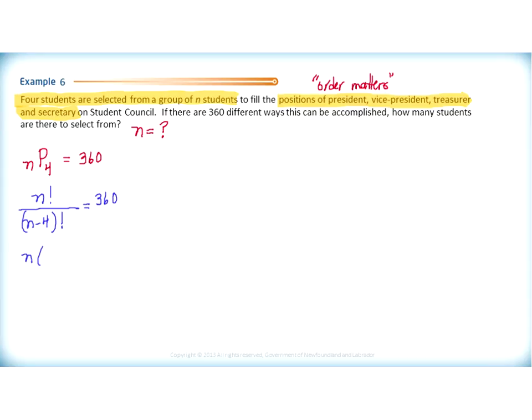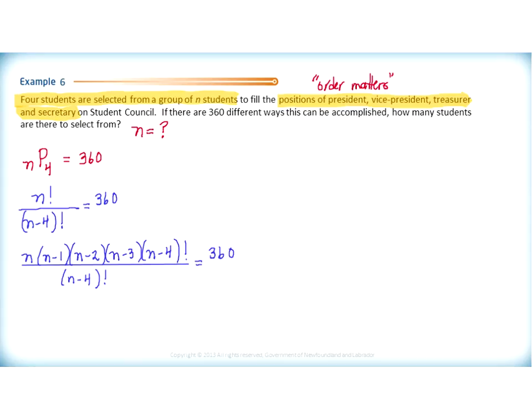N factorial is the same as n times n minus 1 times n minus 2 times n minus 3 times n minus 4 factorial. We can stop there because of the n minus 4 factorial in the denominator. That is all equal to 360.